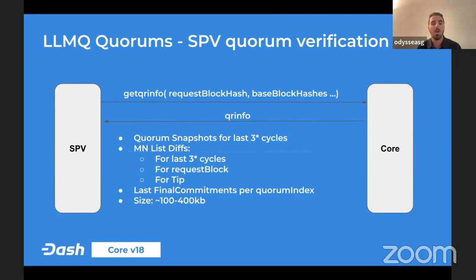In that case, the node will return the extra quorum snapshot required to also calculate the members of that quorum index. Also, it returns the masternode list diffs, again for the 3 cycles or more, for the request block and for tip. And also it returns the list of the last final commitments per quorum index.